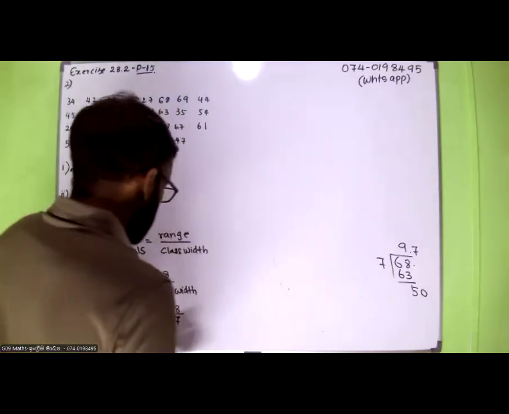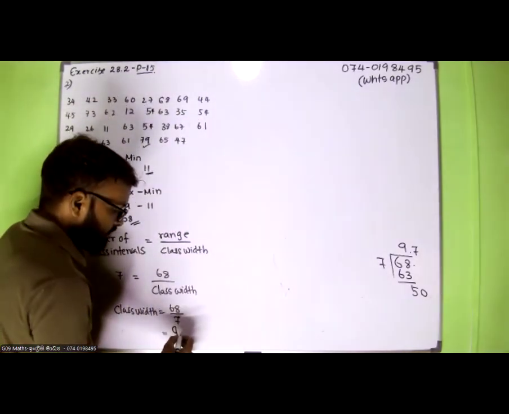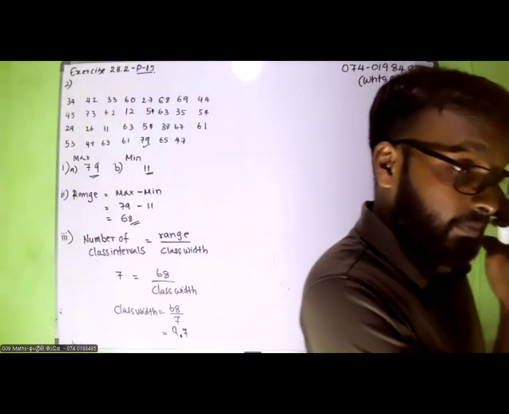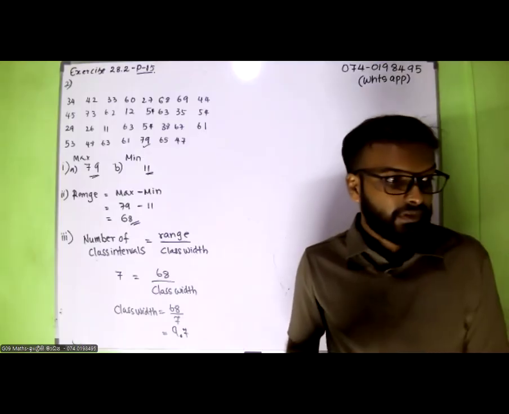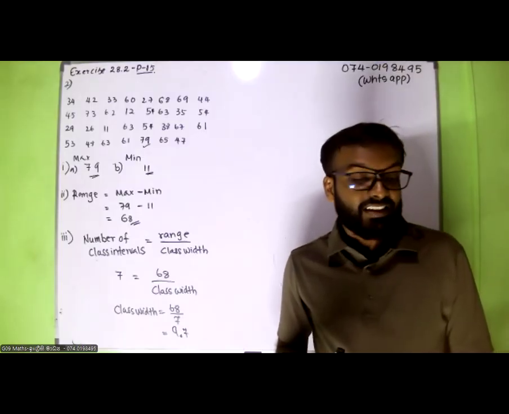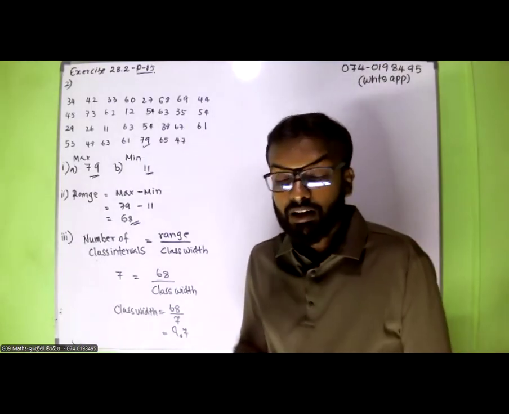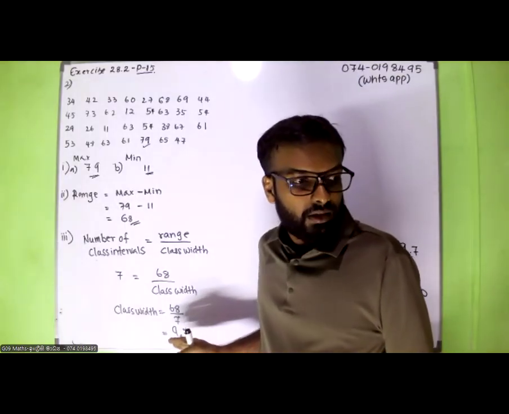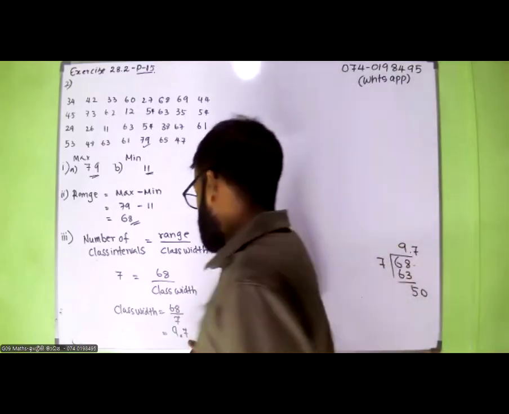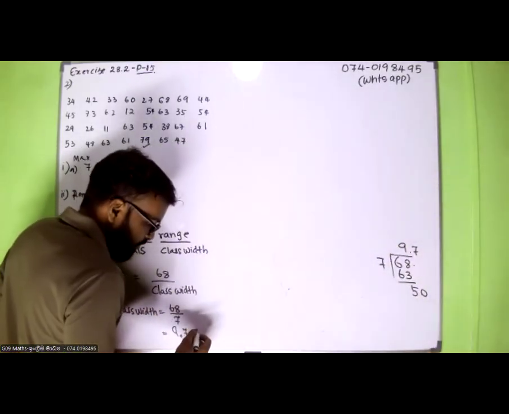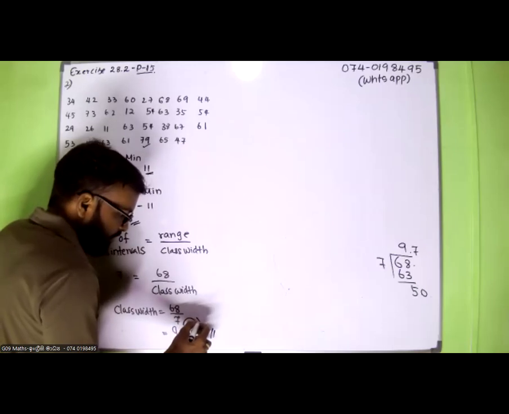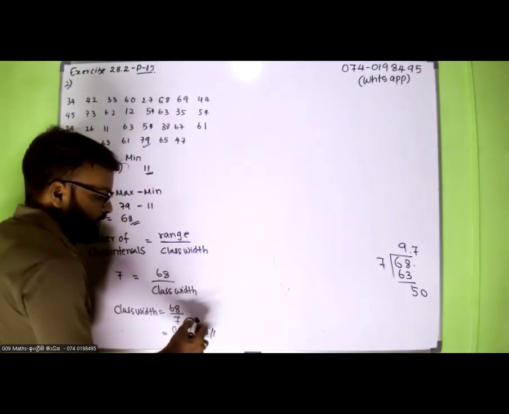That means the class size is 9.7. Why don't you round it off? 10. 9.7 should be rounded off to 10, right?